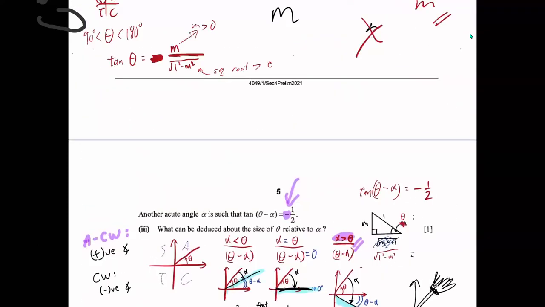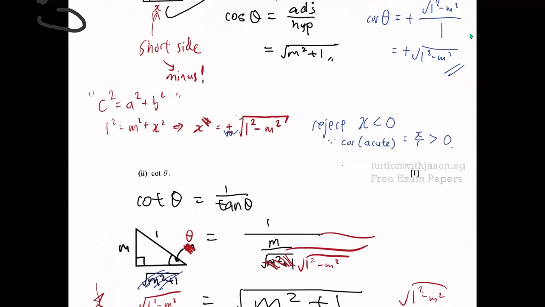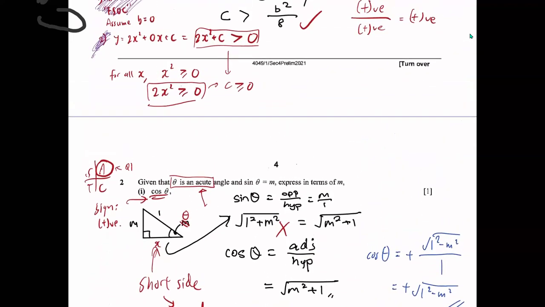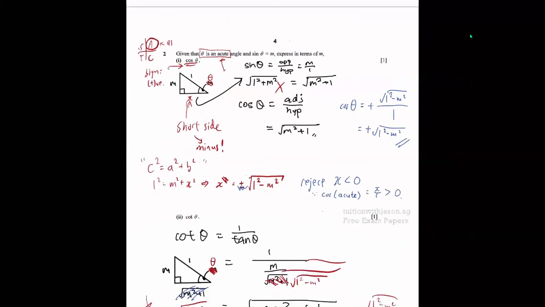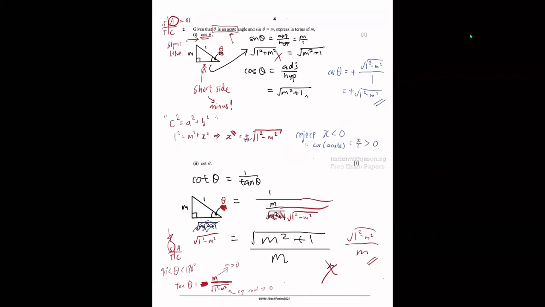Which one is related to tangent theta? Everything is related, trigger all of the identities, but which one is more directly related? Part 1 or part 2? Part 2, of course.